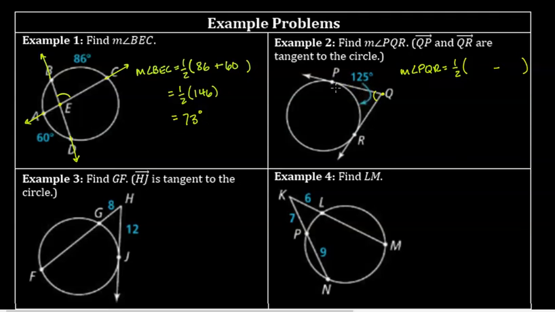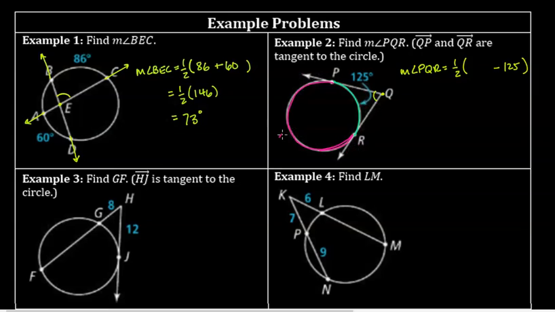So with a tangent, our two intercepted arcs are this big major arc right here, which it doesn't say that we have a measure for, and this minor arc right here, which it says is 125. But if we look at those two arcs, what you'll notice is that if you put them together, they make the entire circle.